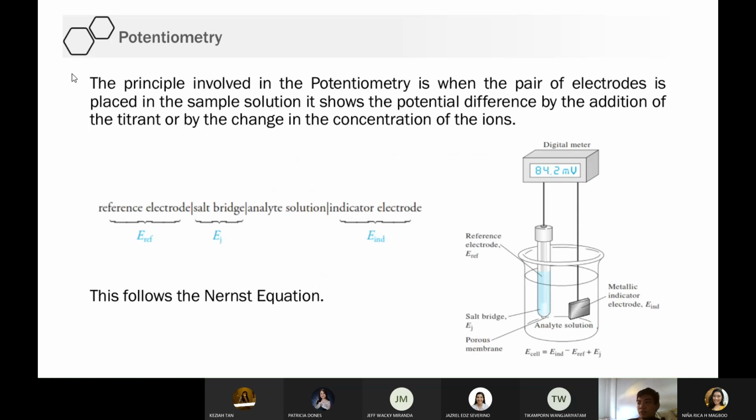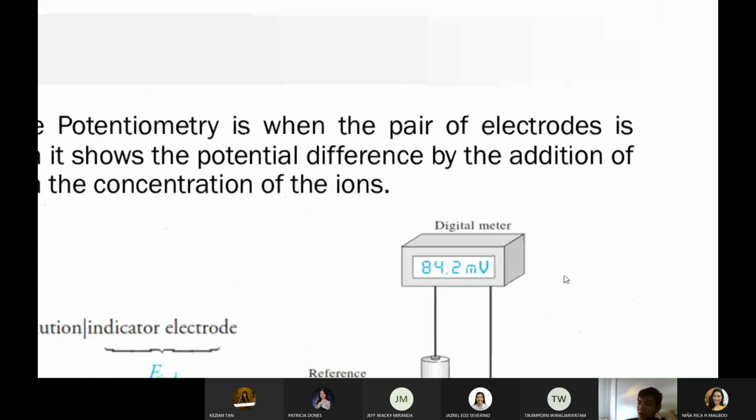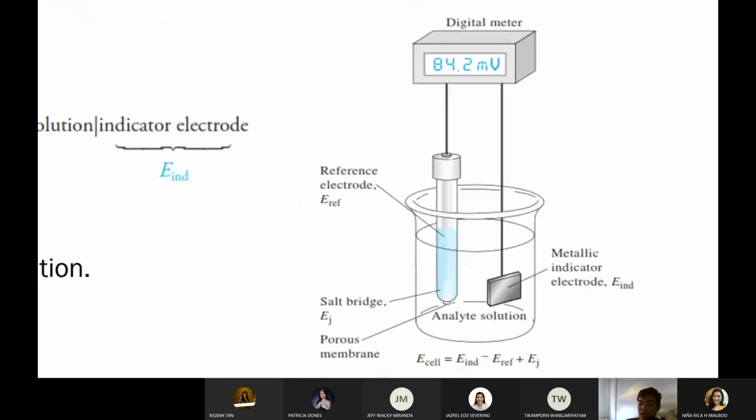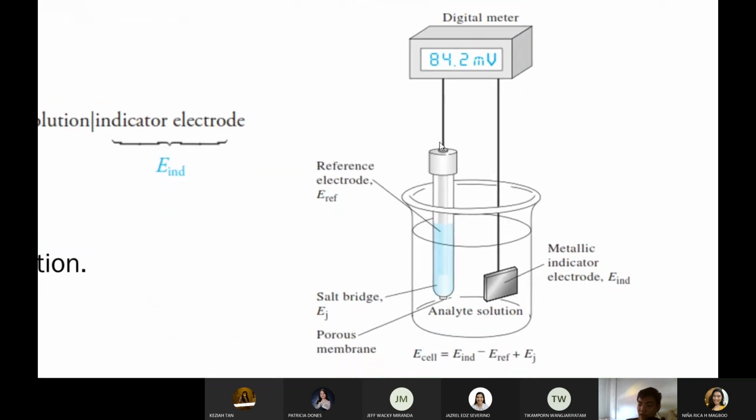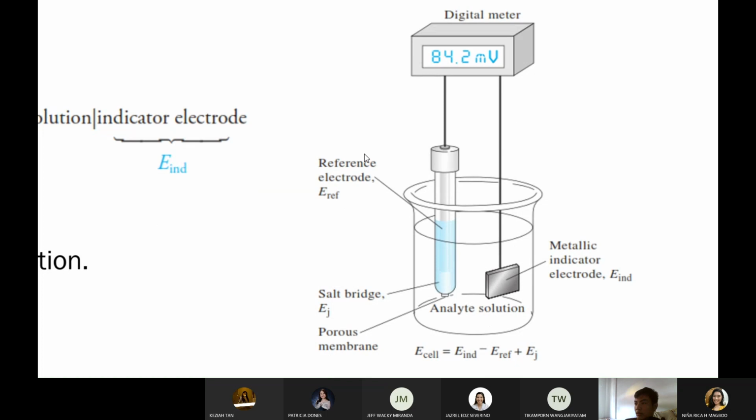This is how a potentiometric titration looks. Again, instead of calling them anode and cathode, we have the reference and the indicating electrode. For example, here we have this reference electrode.